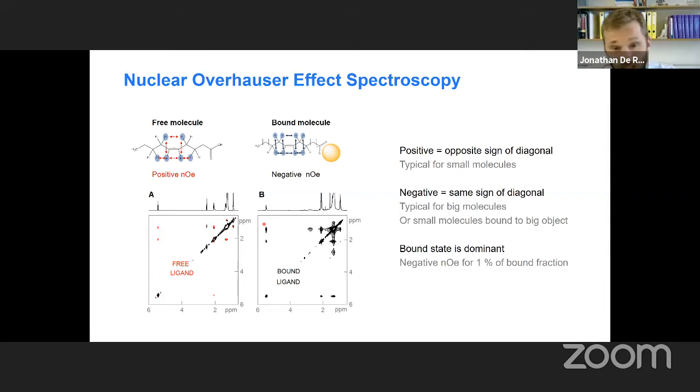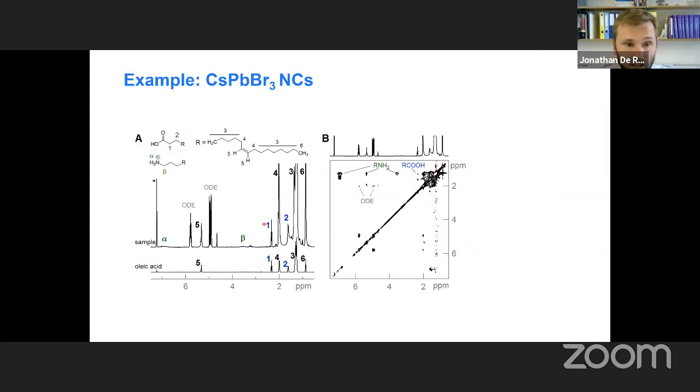That was very useful to look at perovskite nanocrystals, for example, which have a very dynamic surface chemistry. There it was useful to use NOESY to distinguish that, for example, pure oleic acid cannot interact with a nanocrystal surface. You can see this red crosspeak here saying oleic acid is not interacting. While this ammonium here, this protonated oleylamine with the counterion as a bromide, can interact with the nanocrystal surface.